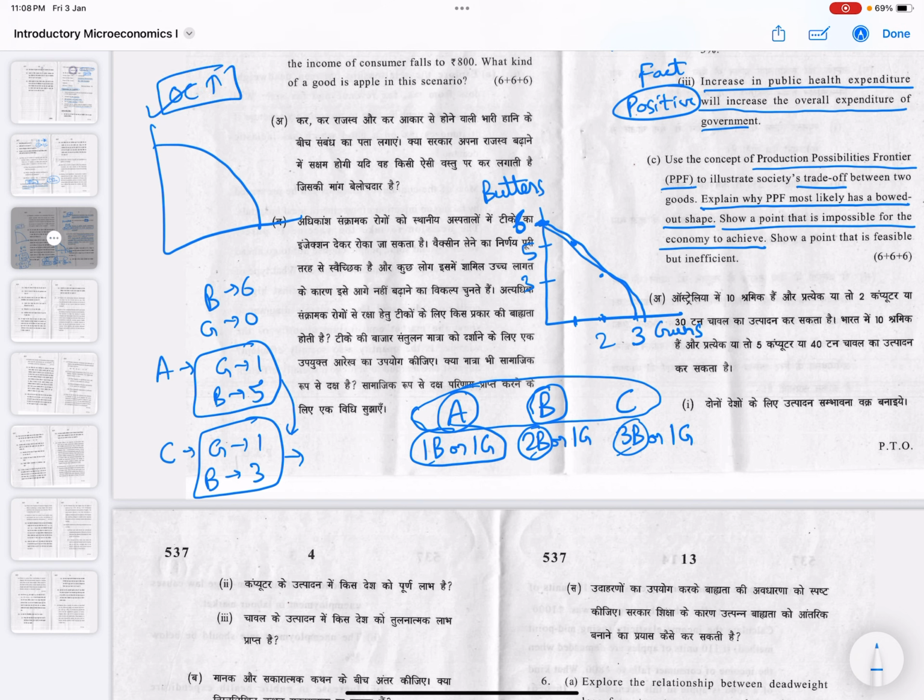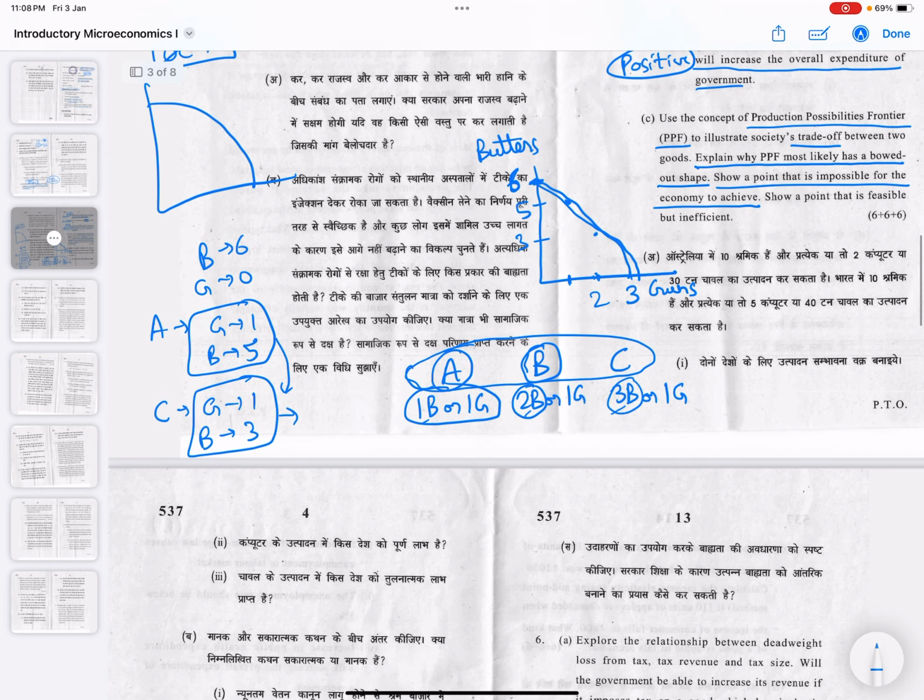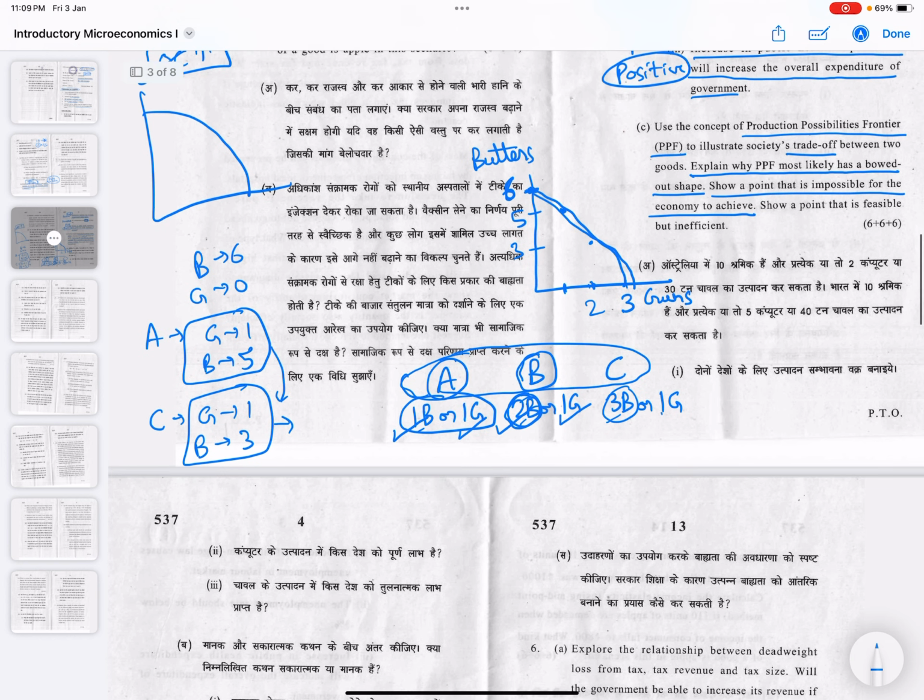You can see in this example itself, to produce 1 unit of gun, you were foregoing 1 unit of butter. But now to produce 1 more unit of gun, you are foregoing 2 units of butter. And if you want to increase the production of gun by 1 more unit, you will forego the production of butter by 3 units. So this opportunity cost is always increasing.